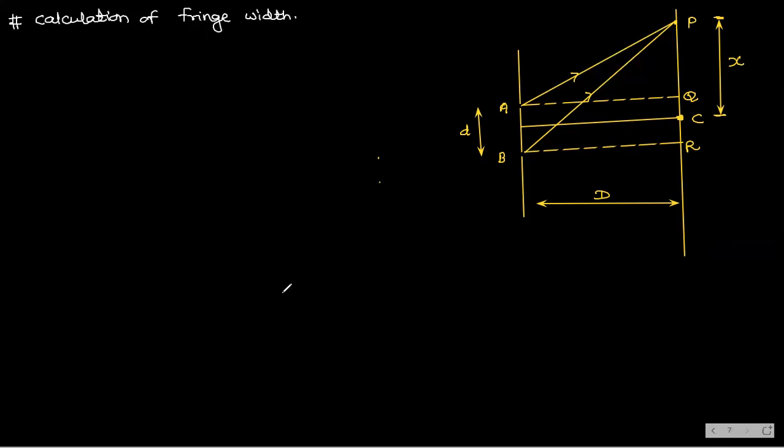Concentrate on this geometry. What is PQ? This distance I am giving as d by 2. Keep it in mind. This also is d by 2. QC and CR, I am writing below the diagram. QC is equal to CR is equal to d by 2.